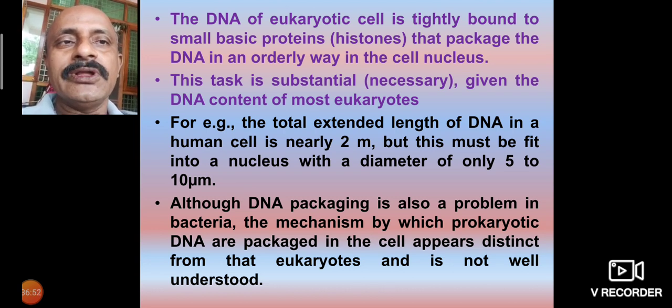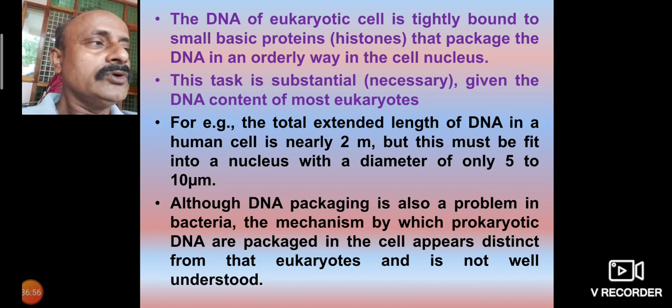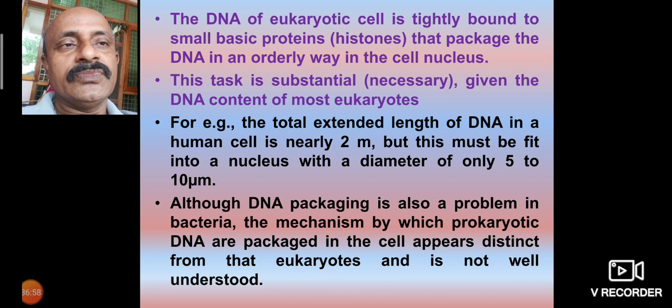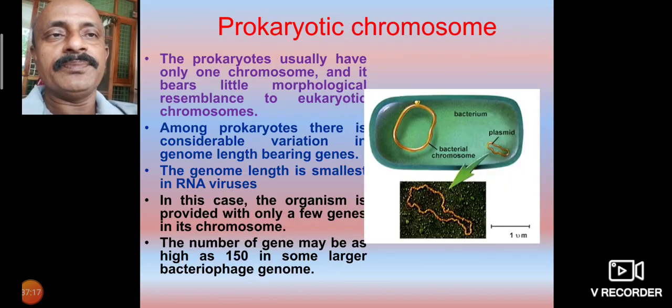For example, the total extended length of DNA in a human cell is nearly 2 meters, but this must fit into a nucleus with a diameter of only 5 to 10 microns. DNA packaging is also a problem in bacteria.